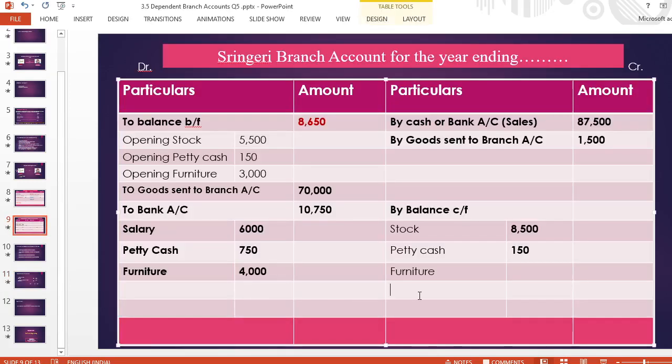So I should record here. So furniture worth 7,000 minus depreciation 500. So furniture value here is 6,500. So now I should record the closing balance here. Closing balance of assets 8,500 plus 150 plus 6,500. So it is 15,150 rupees.